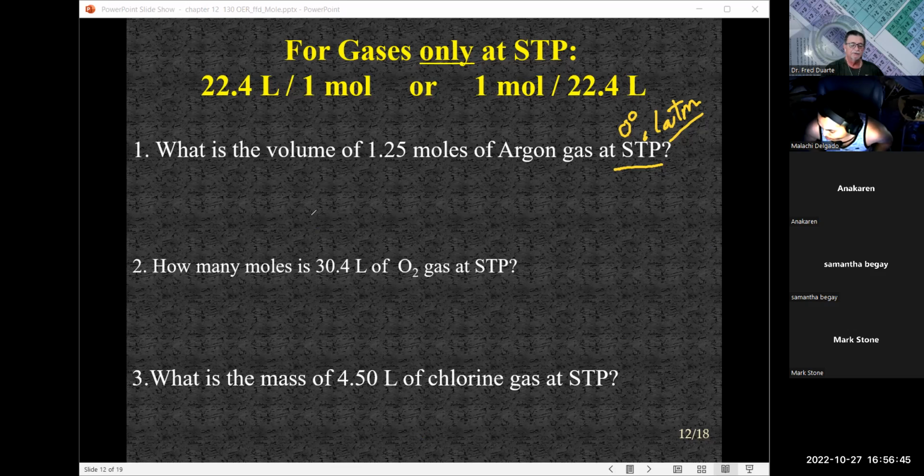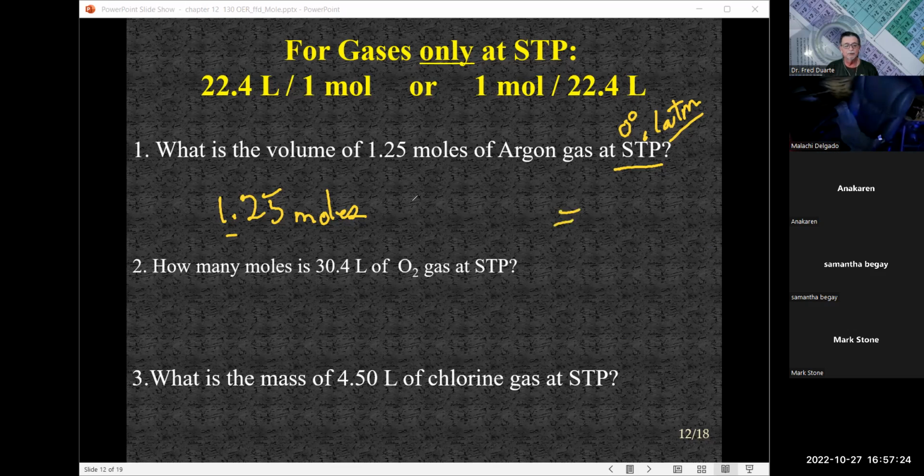All right, so here it says, what is the volume of 1.25 moles of argon gas at STP? We write down what we're given, 1.25 moles. Right away, that should give you a hint as to the magnitude of your answer, because you know that 1 mole occupies 22.4 liters, and you have 0.25 extra. So your volume is going to be a little bit greater than 22.4. If your number is less than or equal to 22.4, then you made an error someplace.